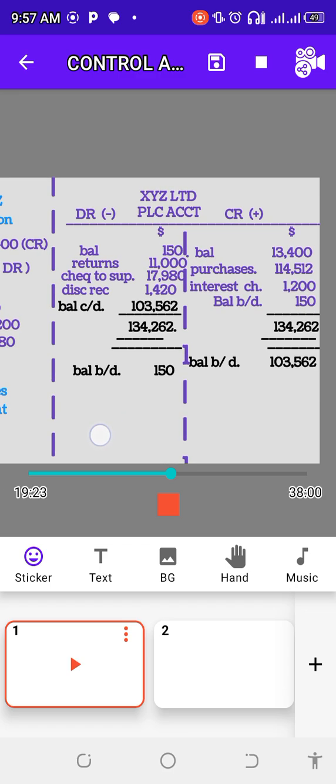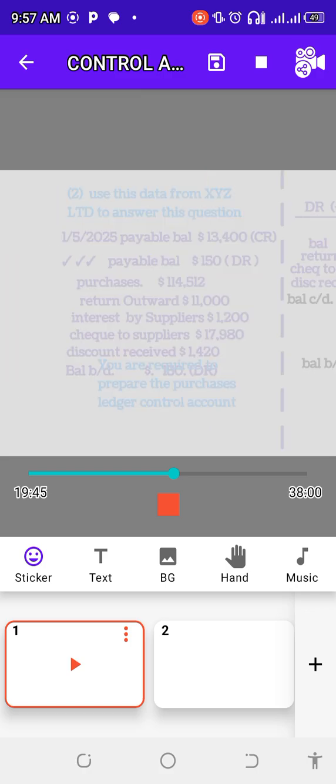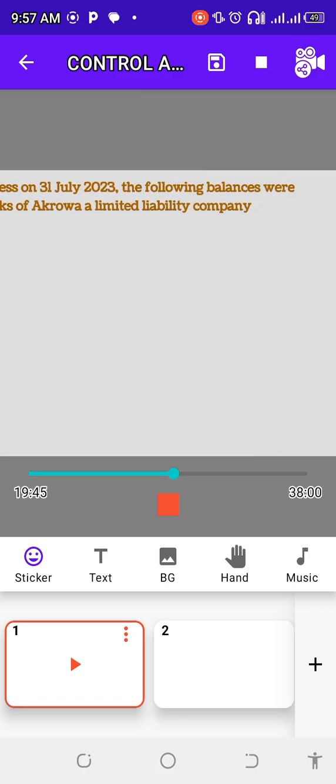Any question? So the balance brought down by the debit side is a refund to the business, a current asset to the business, while that on the credit side is the actual total amount payable.